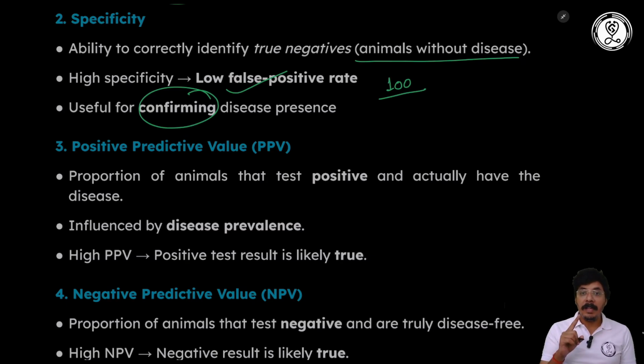True negatives are the animals that are not diseased. And if there is a high specificity of that diagnostic test, it gives you a low false positive rate. False positives mean the animal is not suffering from the disease, but still the diagnostic test gives you a positive result.